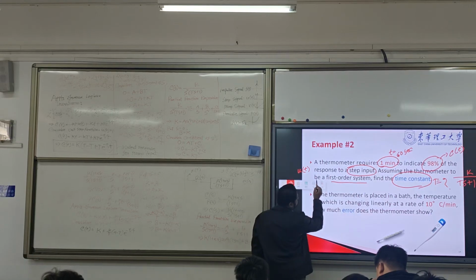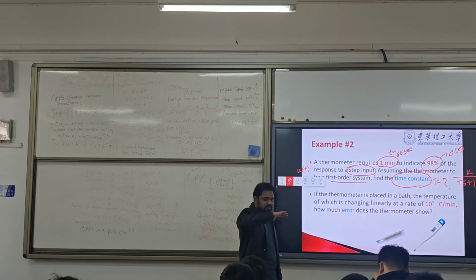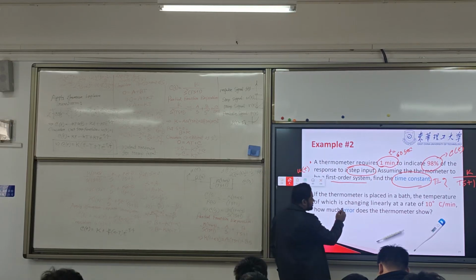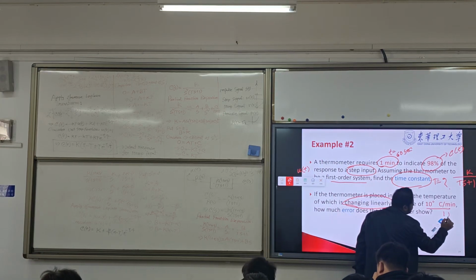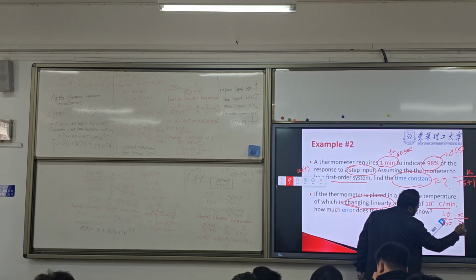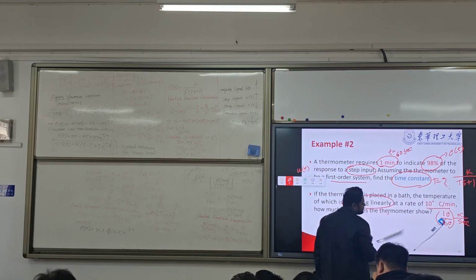This is the first question. Second question, if the thermometer is placed in a bath, the temperature will increase linearly at 10 degrees Celsius per minute, which is 10 by 60 degrees Celsius per second, because 1 minute is 60 seconds.